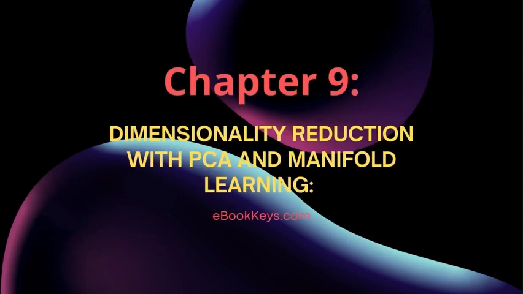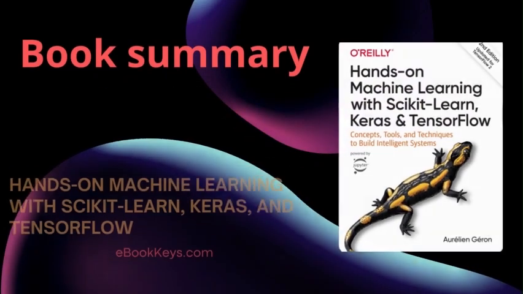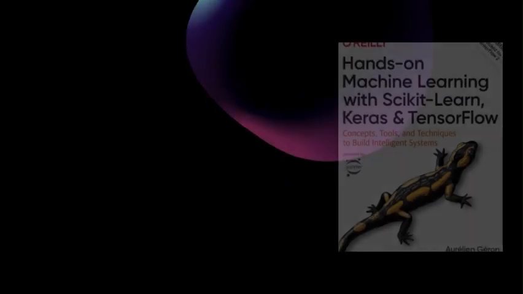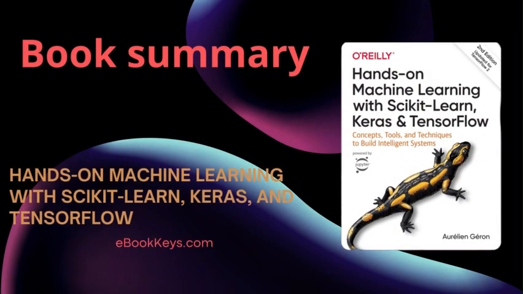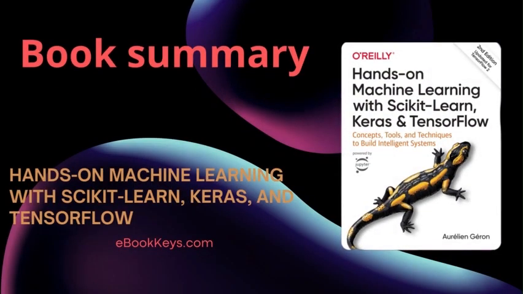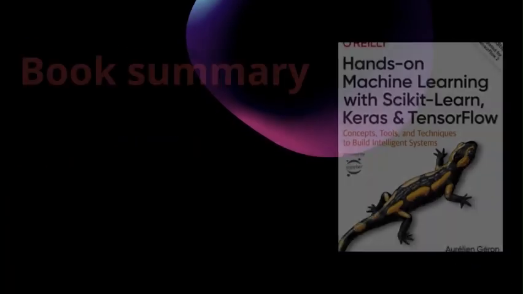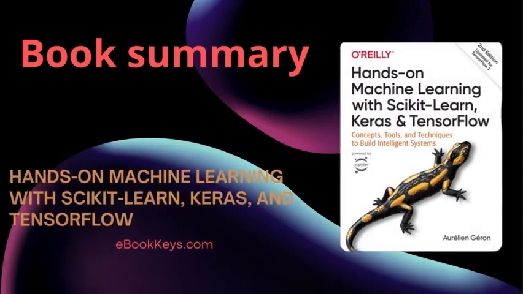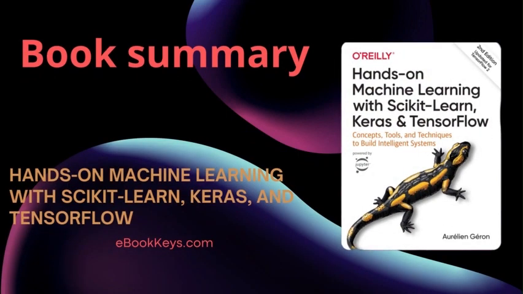Dimensionality reduction with PCA and manifold learning. Dive into Chapter 9, Dimensionality reduction with PCA and manifold learning, to understand techniques for reducing the dimensionality of your data while preserving meaningful information. It begins with principal component analysis, PCA, a popular linear dimensionality reduction method. You'll learn how to identify the principal components, perform dimensionality reduction, and interpret the results.